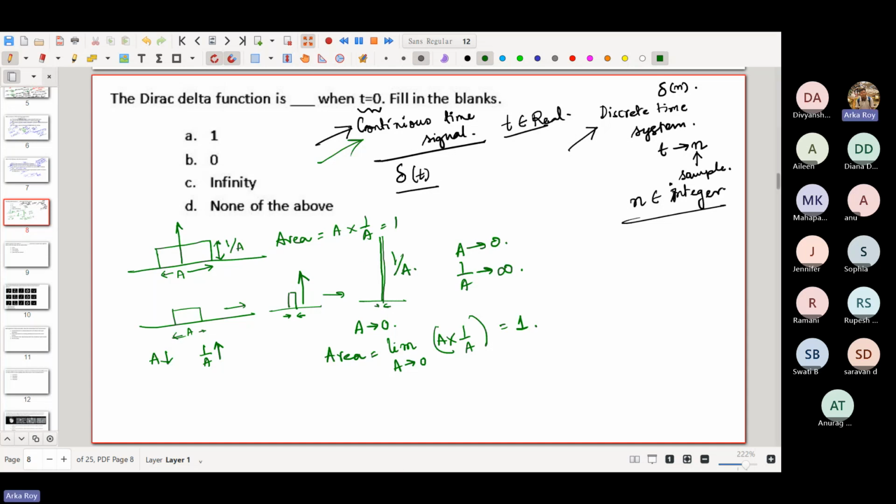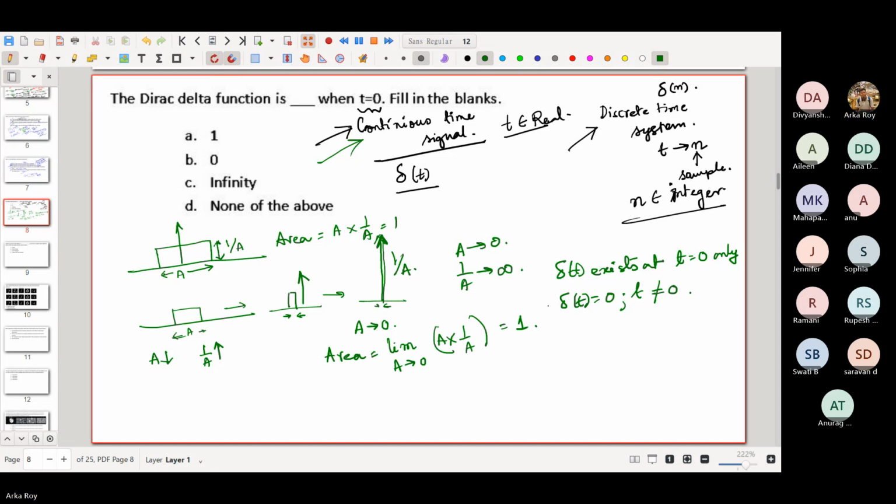So at t equals 0, this delta function exists. That is true. So delta t exists at t equals 0 only. Delta t is equal to 0 at t not equal to 0. At any value where t is not equal to 0, delta t is 0.